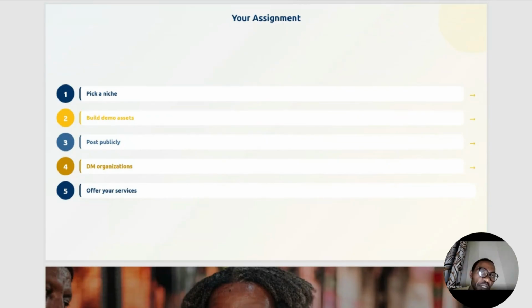So basically, your assignment is to pick a niche, build demo assets, post publicly, DM organizations, and offer your services. It's just that simple, to really build revenue, either as a freelancer, maybe passive income, or if you're serious about building a real business.